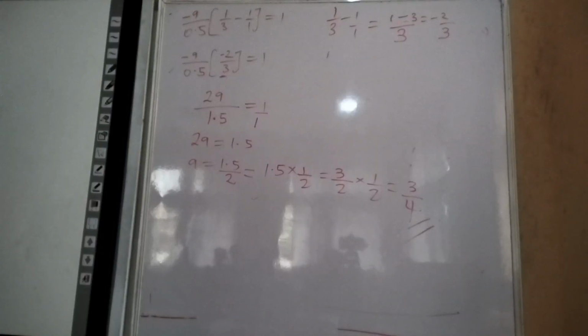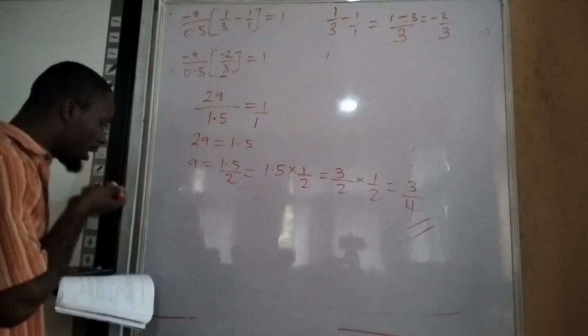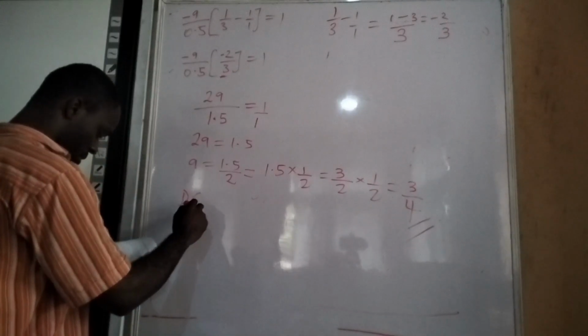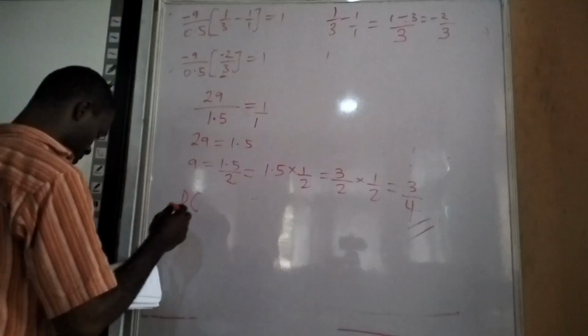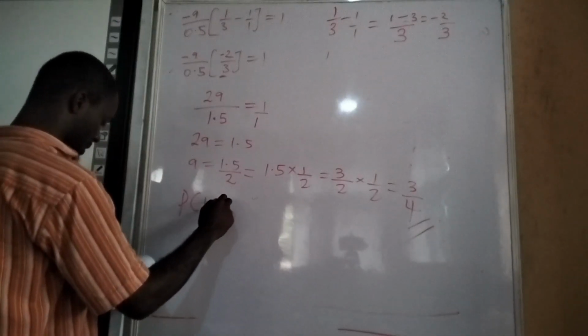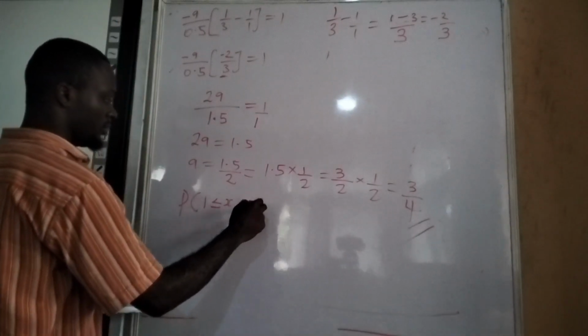Once you have found A, they will now ask you to find the probability, P of 1 is less than S and S is less than 4.